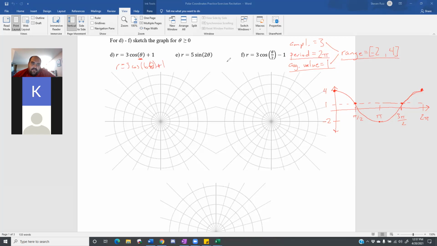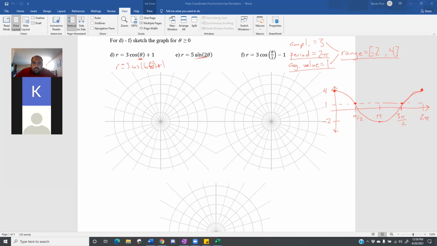Would you divide pi by 6? Divide 2 pi by 6. Yeah. Because it's cosine, same with sine. Cosine and sine have a fundamental period of 2 pi.